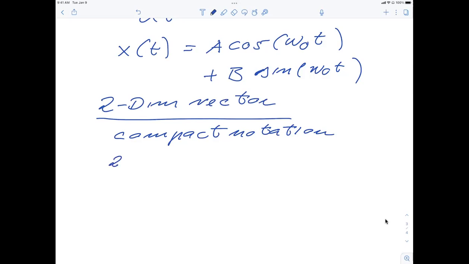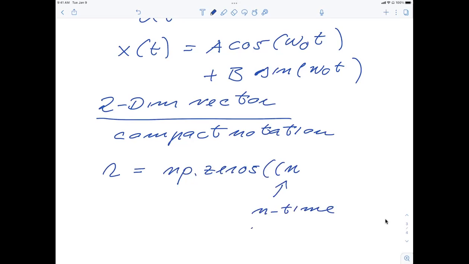In this specific case, we would define, let's say, position like this. So we could have a vector R, and now we want to set it to 0. So we would have a numpy function, which we use here. And then we would have something like n time steps. So these are the n time variables.